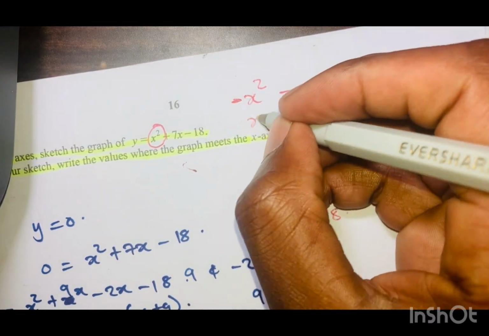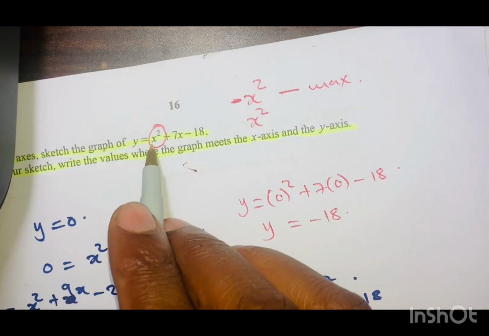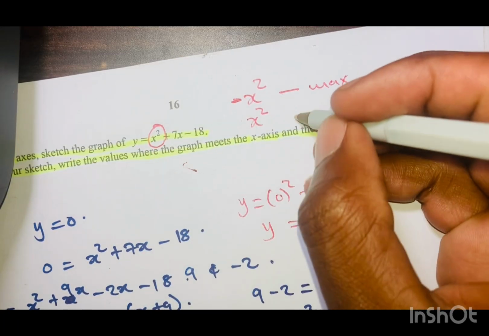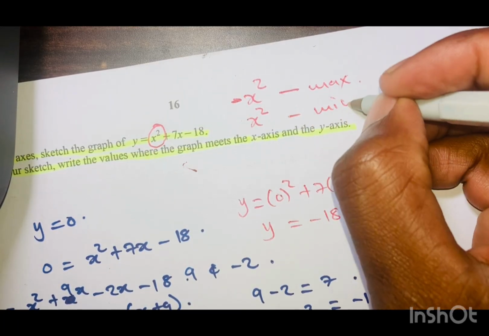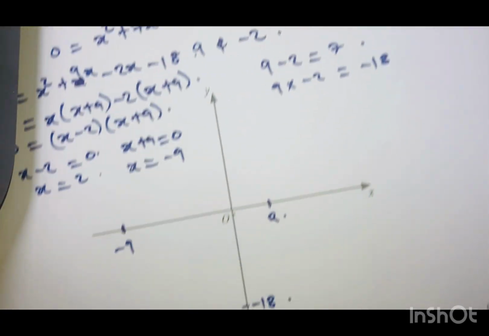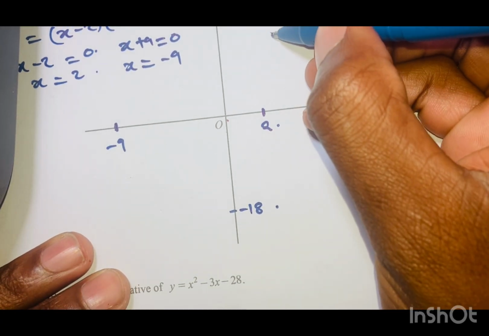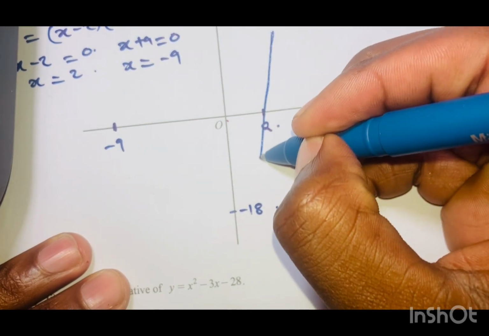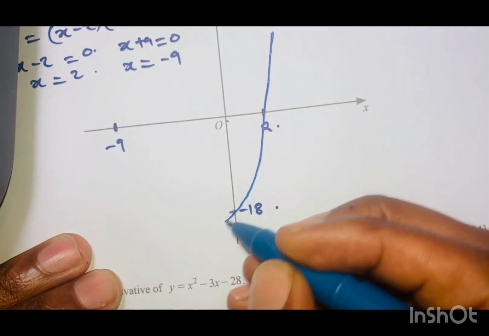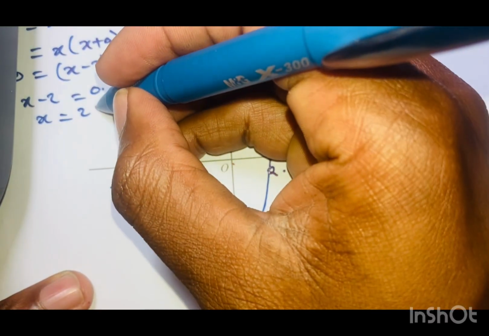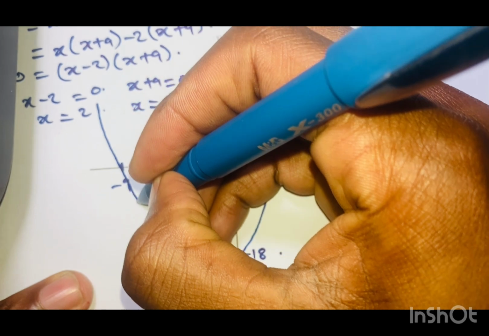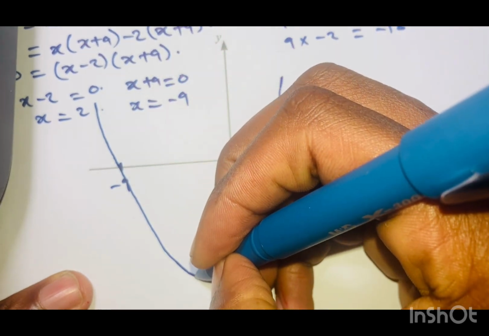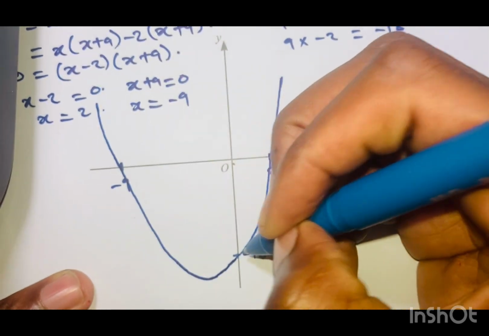If you have a positive coefficient of x squared like we have here, it means our graph has a minimum. So we are going to plot our graph like this. Okay, so we have a minimum somewhere here. Okay, so that's it.